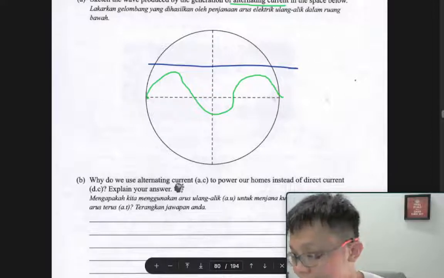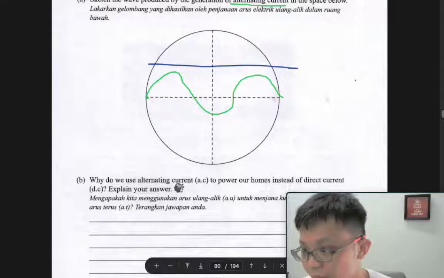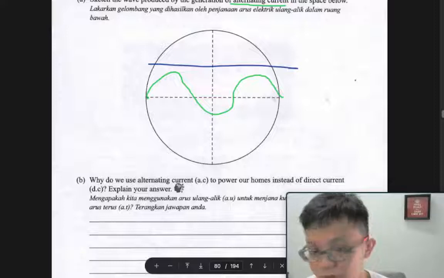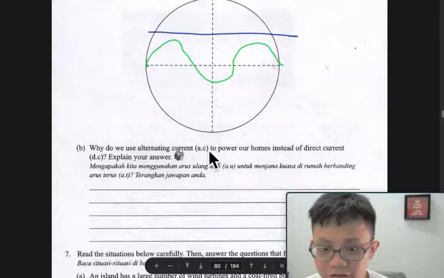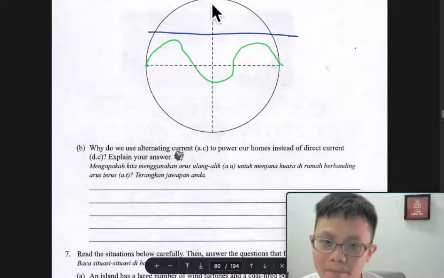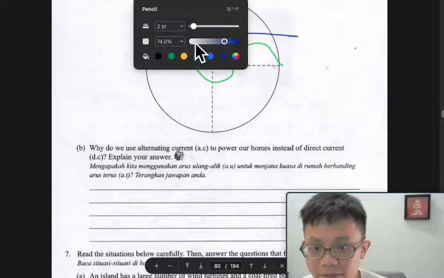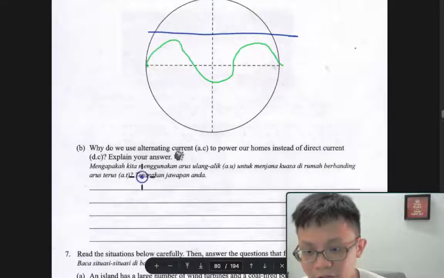So we can say that, why do we use alternating current instead of direct current? Many answers. One of it, let me take my pen, I just put here AC and DC.